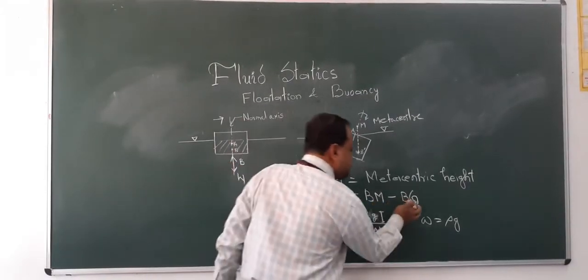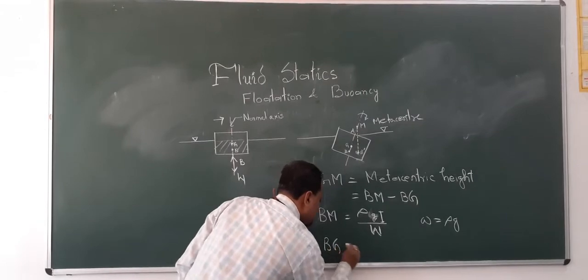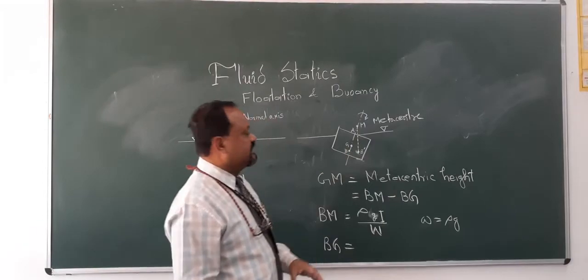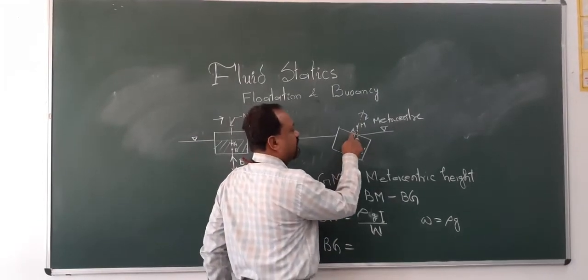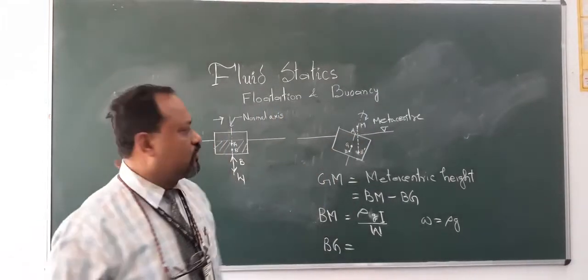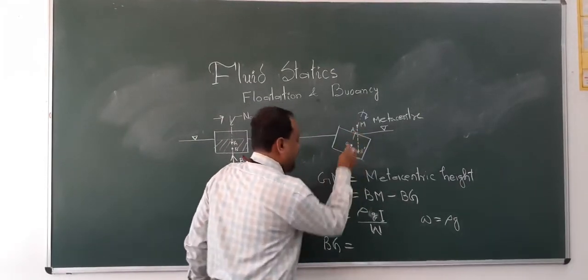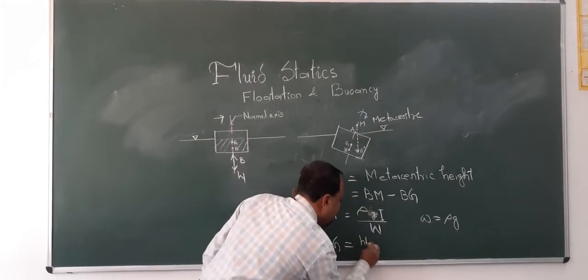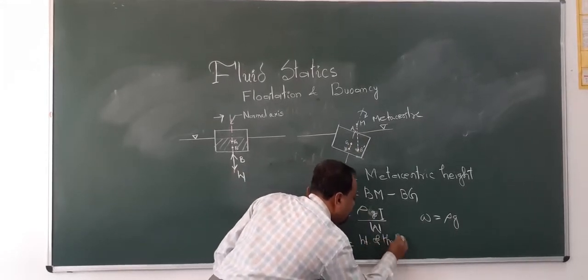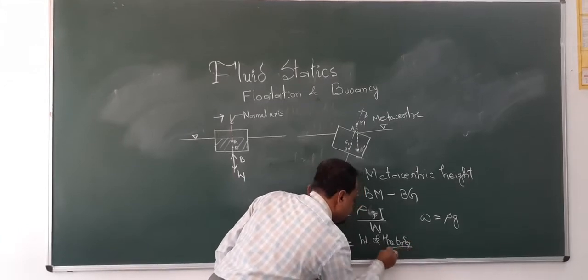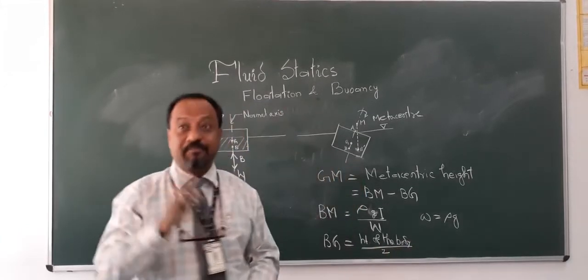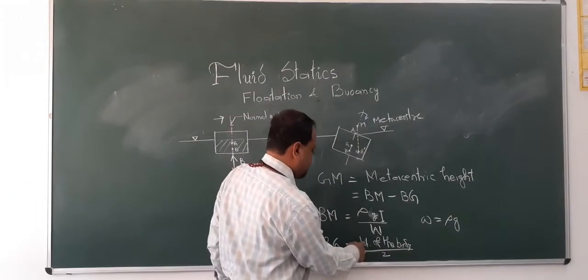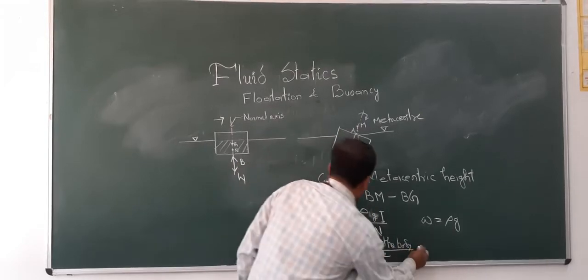Now let us move on to BG. What is BG? BG is this distance. Let us take the help of point A. From this point A, AG is nothing but the height of the body divided by 2, if it is symmetrical in nature, as in the present case.